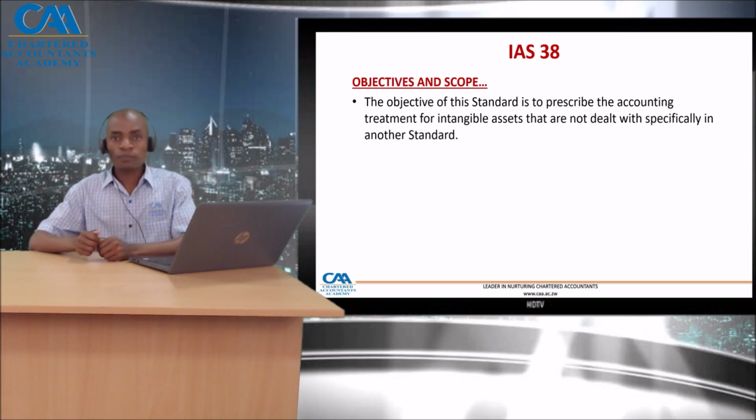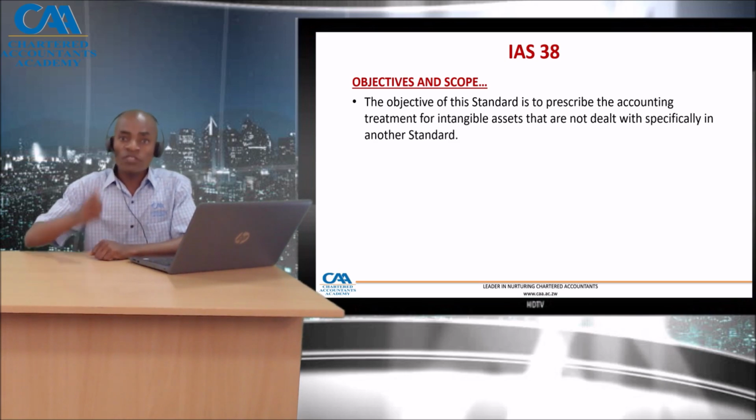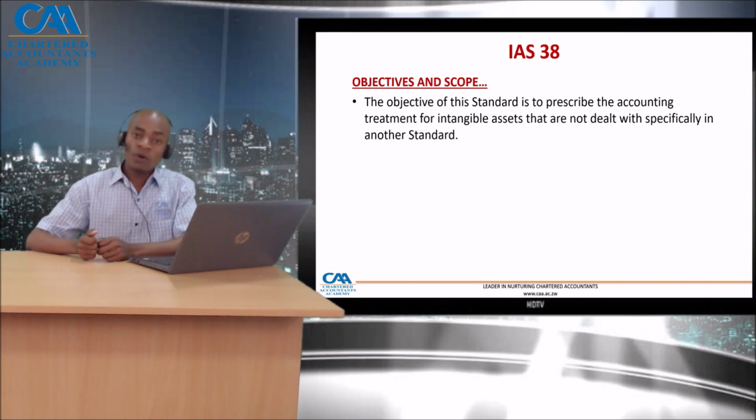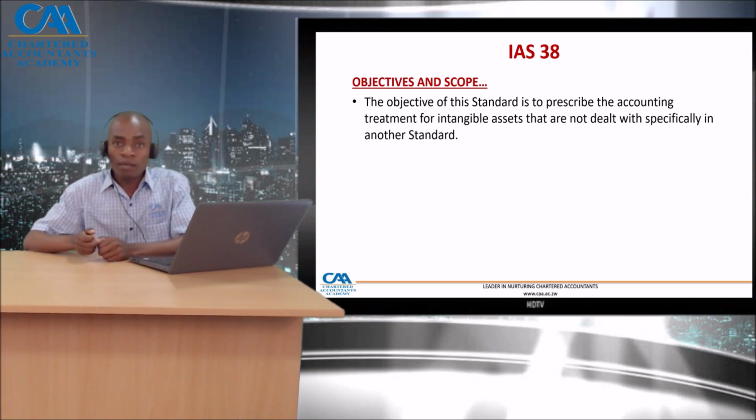For example, we have intangible assets that arise as a result of IAS 12, deferred tax assets. In such circumstances, the accounting requirements of the respective accounting standard that gives rise to the intangible asset in question are going to be applicable.